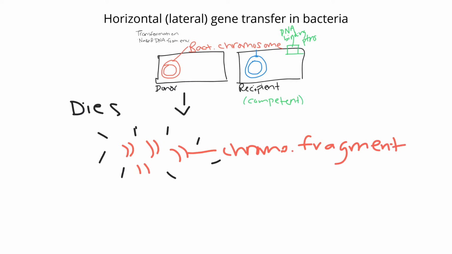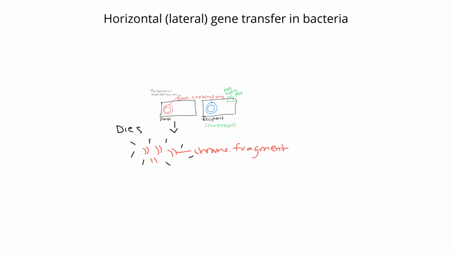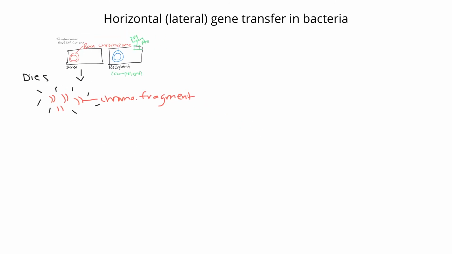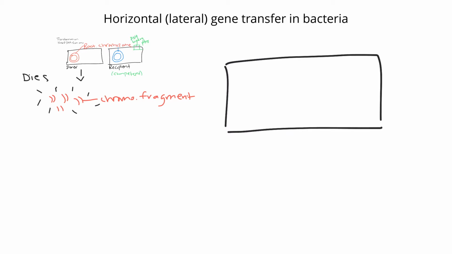And then those fragments will be in the environment and end up near the other bacterium that has this DNA binding protein. And if it contacts that fragment of DNA in the environment, it can actually take it up.